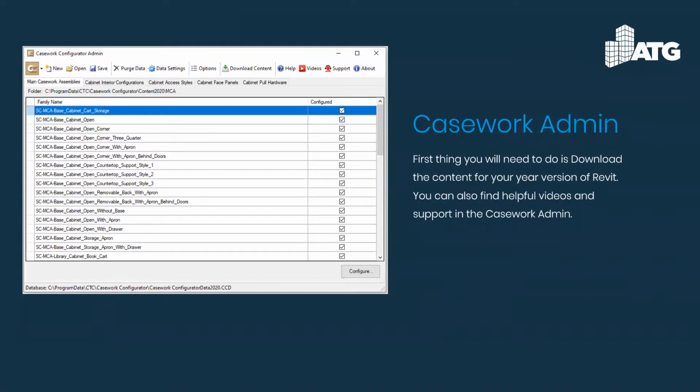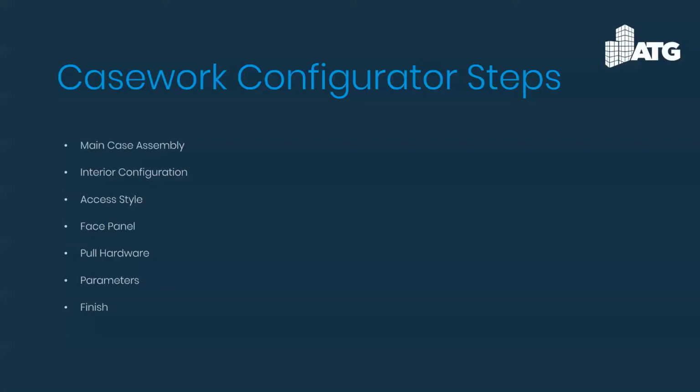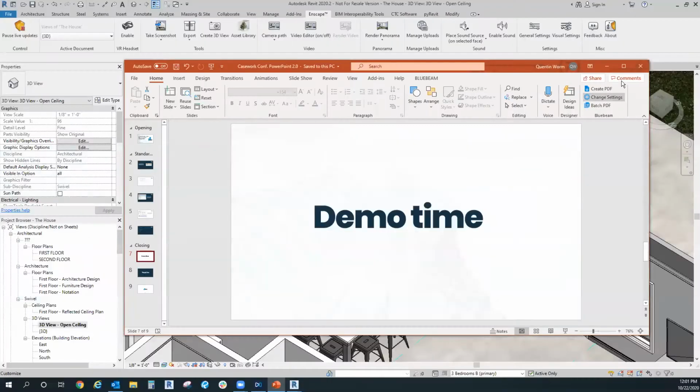Then after that, we'll go into the actual Casework Configurator, and there's 7 steps: the main case assembly, interior configuration, access style, face panel, pull hardware, parameters, and then the finish. All right, let's get into it.